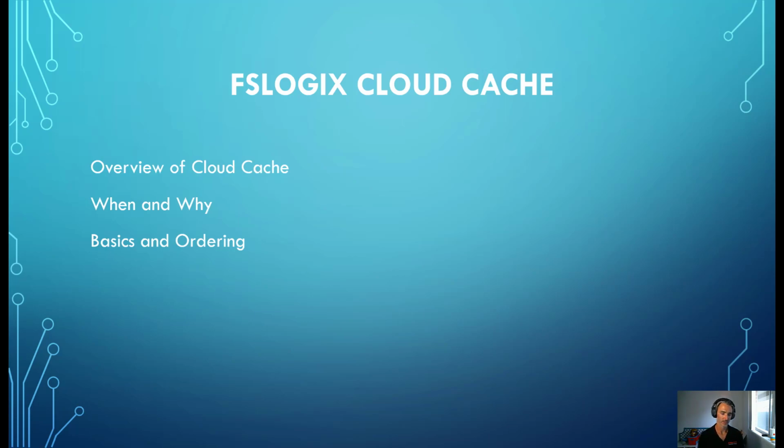It has been the golden goose of EUC for a long time. It's enabled active data centers in a supported fashion, but it's not the default deployment method either. FSLogix Cloud Cache should be a conscious decision. It's not because we can, we're going to. We want to do it because we need to.